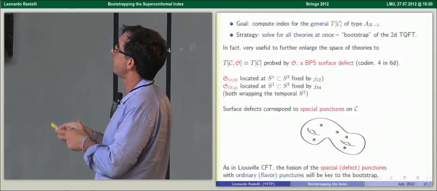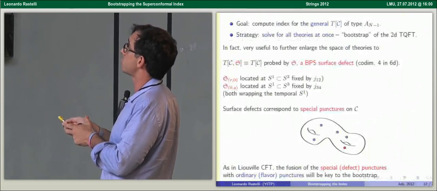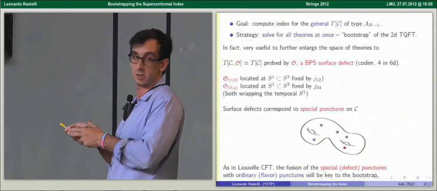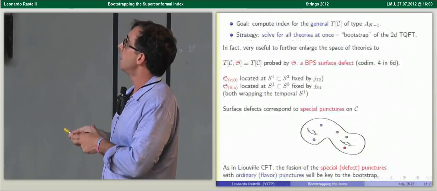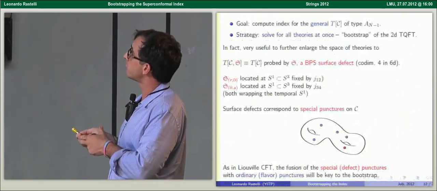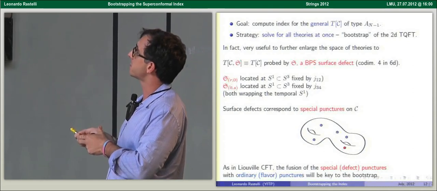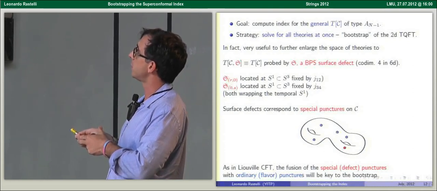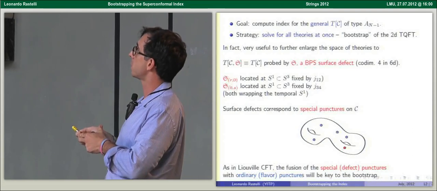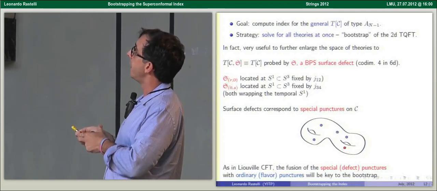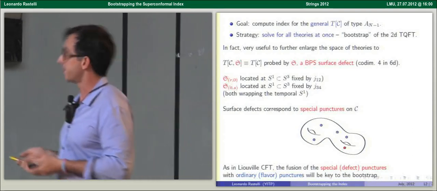So the blue punctures are flavor groups, and the red puncture is the fact that I've introduced this extra object, the surface defect. And in fact, the surface defects are of 2 types that can either wrap a big circle fixed by J12 in S3 or a circle fixed by J34, and both wrap the temporal S1.